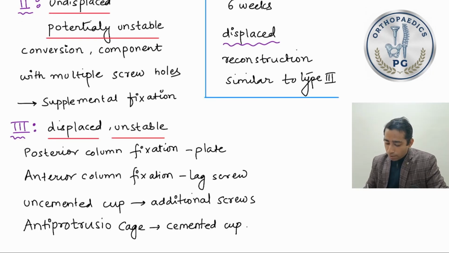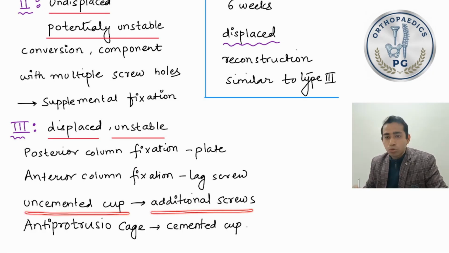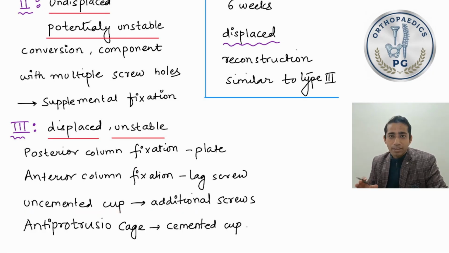The posterior column may be fixed with a plate, anterior column may be fixed with a lag screw, and after that we assess the stability of the fracture. If the fracture is stable, then an uncemented cup with additional screws may be used, and if the fracture is still not stable, an anti-protrusio cage with a cemented cup may be used.